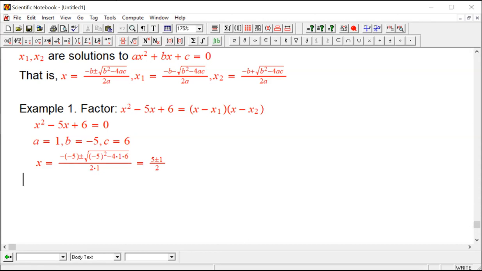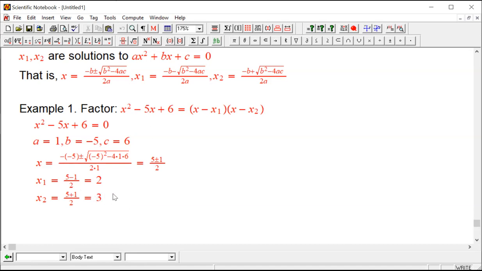So our x sub 1 is equal to 5 minus 1 divided by 2, that's 4 over 2, which is positive 2. And x sub 2 is equal to 5 plus 1 divided by 2, and that's going to be 3.